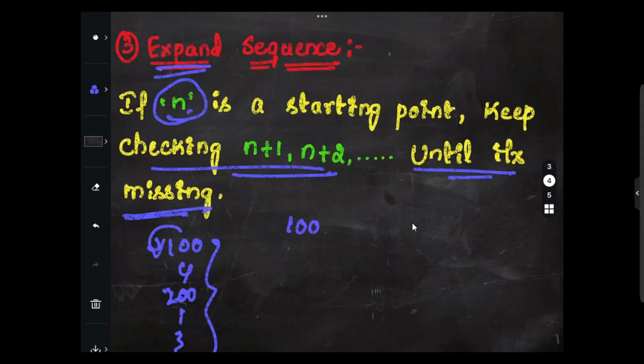So next we will check for n plus 1, here 101. 101 is not present, so we will ignore 100 here.